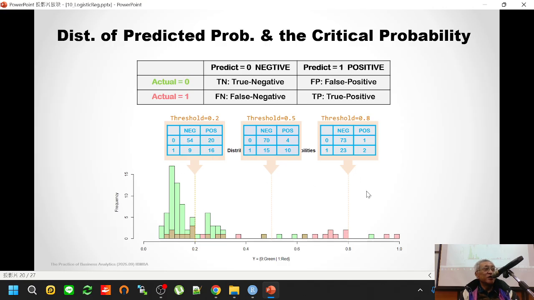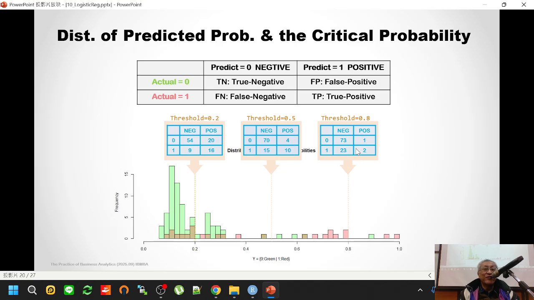In the modern way of business analytics, sometimes it would be very desirable to change the threshold. When you change the threshold, the total value inside this matrix is always the same, but the numbers within the cells will change.